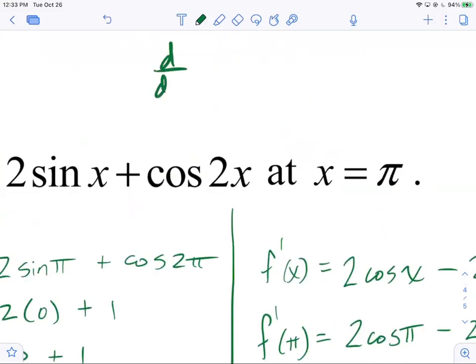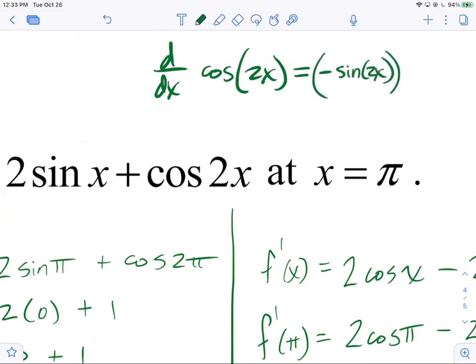The derivative with respect to x of cosine of 2x is negative sine of 2x times the derivative of 2x, which is 2. Everyone okay with where that 2 came from? Anytime you have a blob that's more than plain old x, you'll have a chain rule.